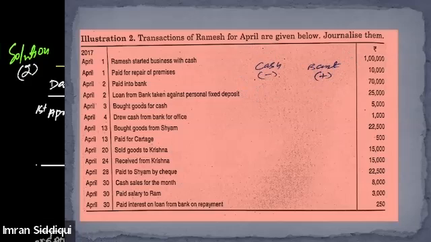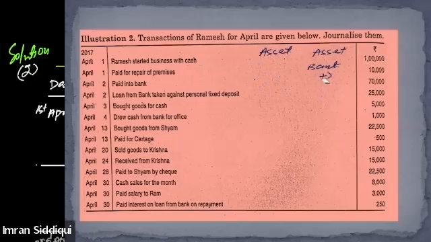Yes. So one asset is reducing, and bank is also an asset. One asset is increasing, one asset is decreasing. So an asset that increases needs to be debited, and an asset that is decreasing needs to be credited. So the correct journal entry for this will be bank account debit to cash account.